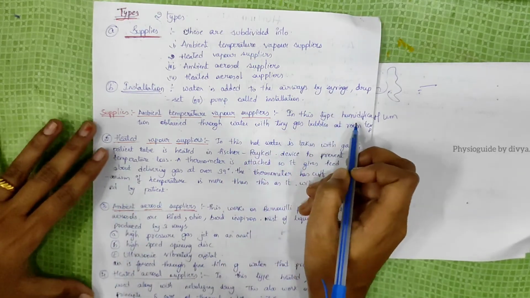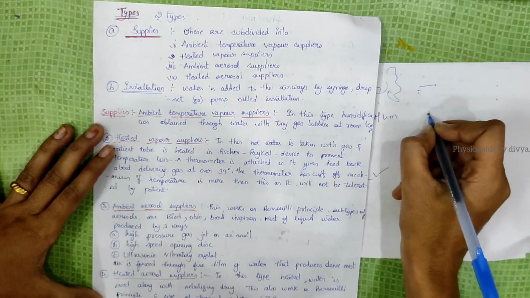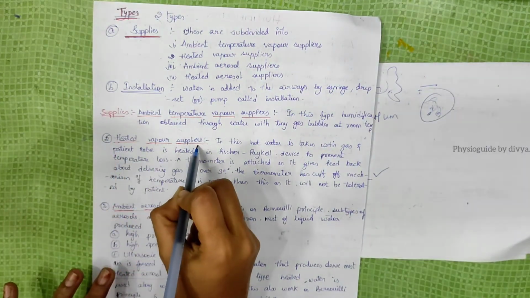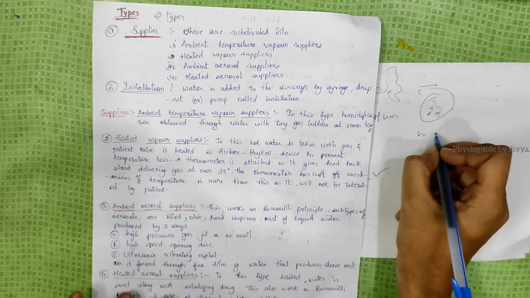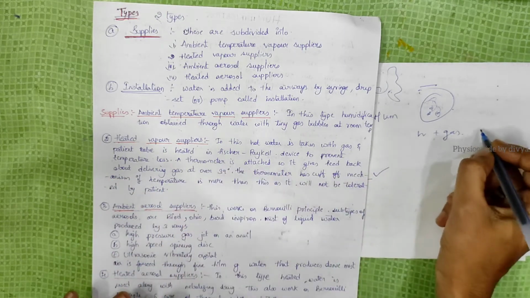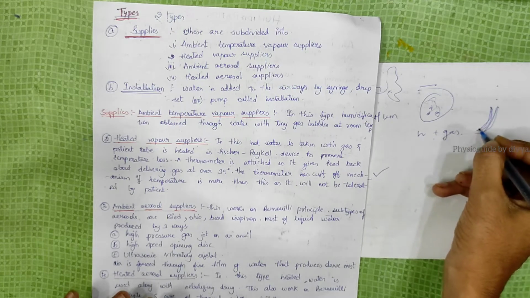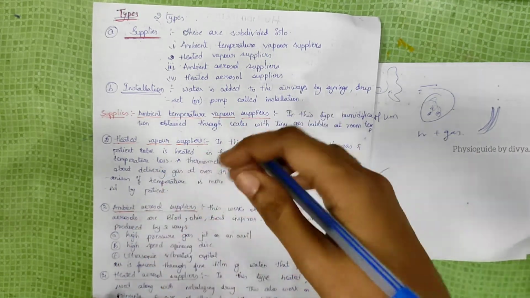In this type, humidification is obtained through water with tiny bubbles at room temperature. In heated vapor supplies, hot water is taken with gas, and the patient tube is heated. This machine is a Fisher Paykel device, to prevent temperature loss. I'll show the picture.